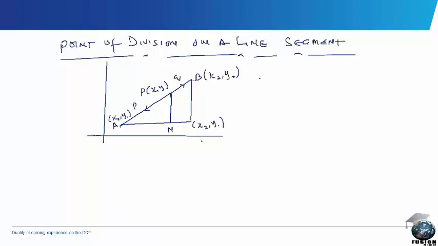From the plane geometry of the figures as depicted in the diagram above, you have to note that, look at the point P here, the line of P. You find that P divides the line AB such that AP is proportional to PB.